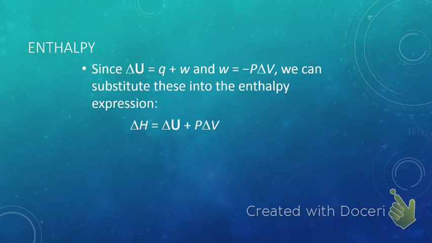Since delta U is equal to Q plus W, and W is equal to minus P delta V, we can actually substitute these. So what does that mean?